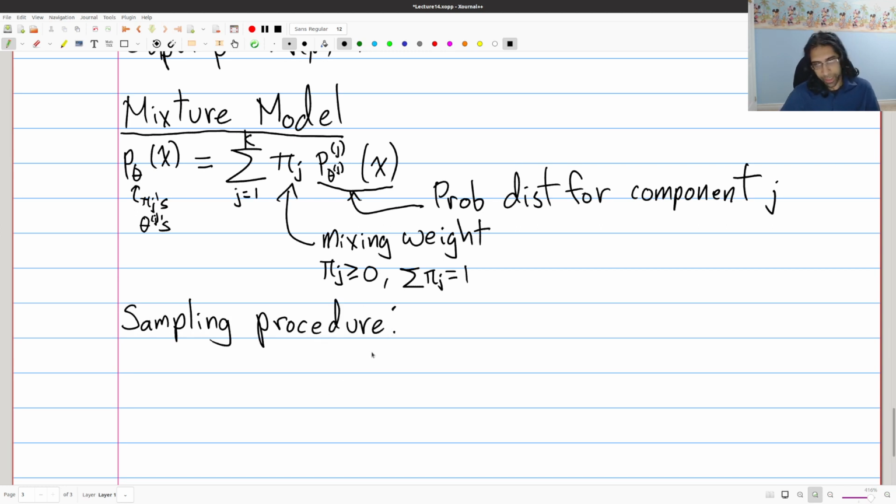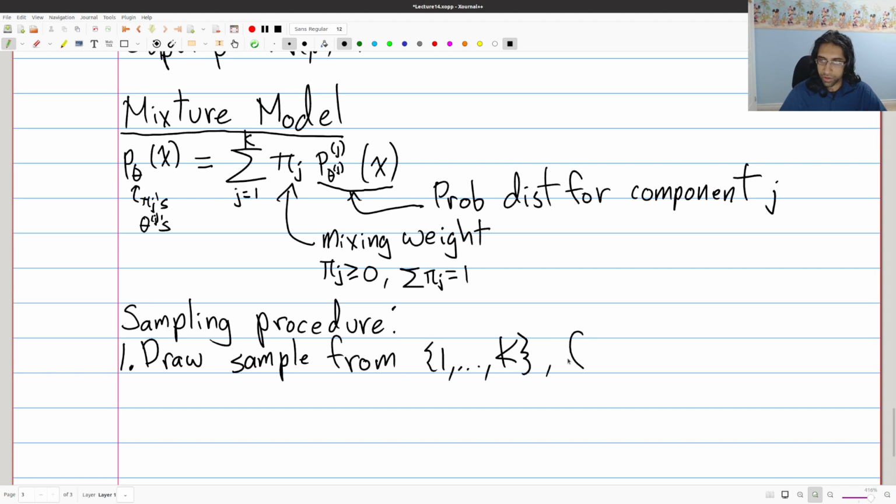So the way we sample from them is the following. First, we draw a sample from 1 through k from the distribution pi. Like I said, pi is a distribution over the symbols 1 through k.